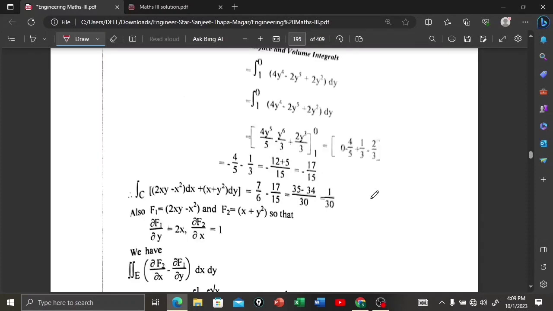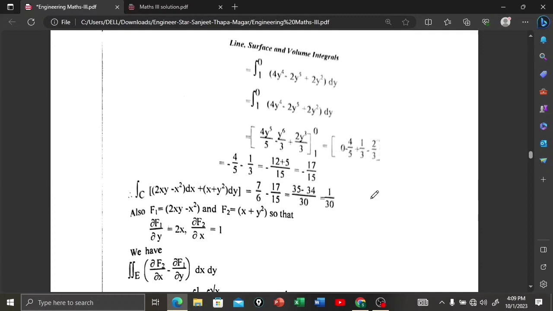So it would be minus 4 by 5 plus 1 by 3 minus 2 by 3, it is minus 17 by 15.